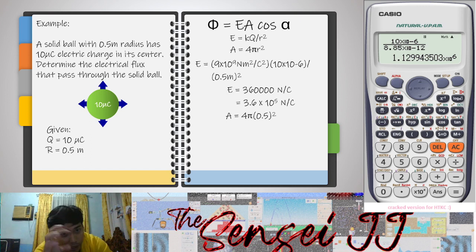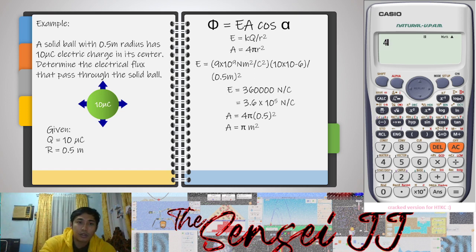Anywhere you look at any side, it is 4 pi r squared. So a circle is still what we will see on any side of it. So let's proceed with 4 pi r squared, so we will have our value of the area.